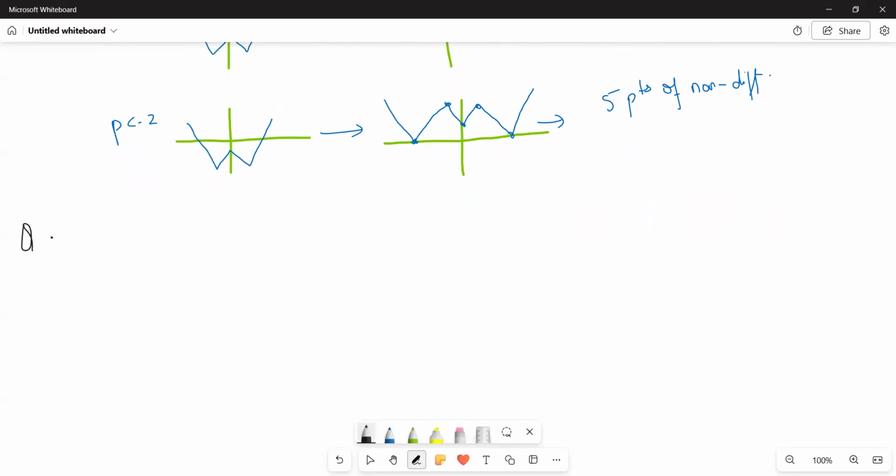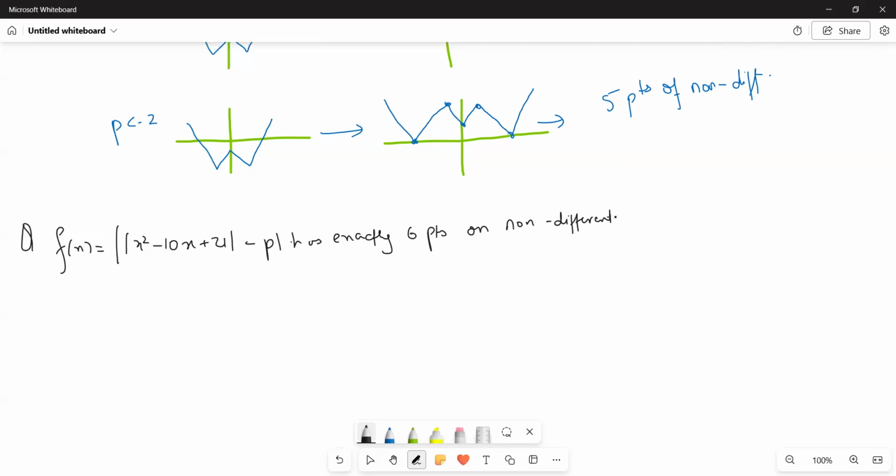Question: if f(x) is defined as mod of x square minus 10x plus 21 minus p, and it has exactly 6 points of non-differentiability, find p.